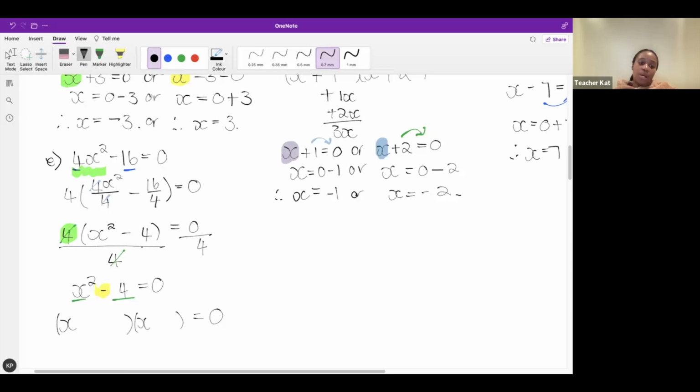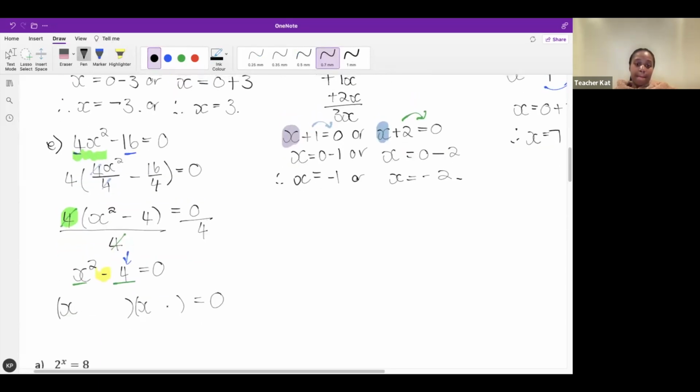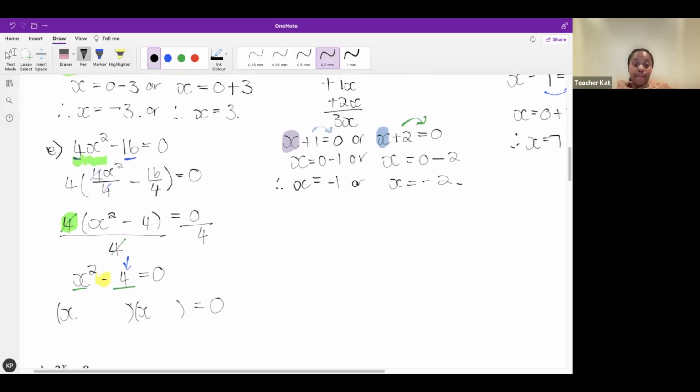But what are my two factors for 4? 2 and 2. And the only way we get a negative 4 is if one of them is positive and one of them is negative. Great. We have our two brackets.